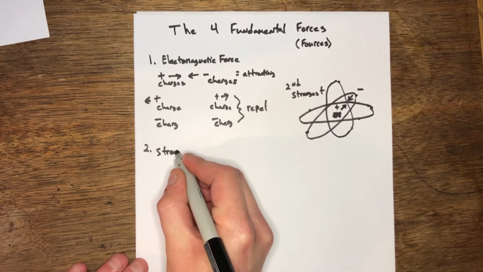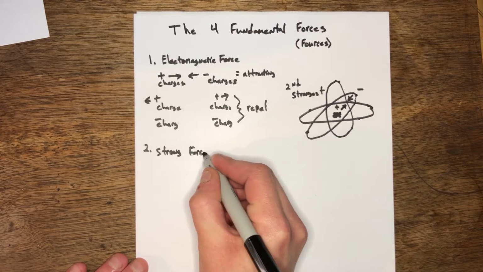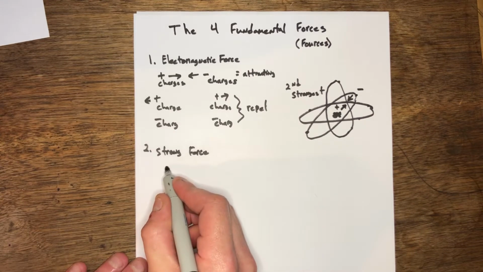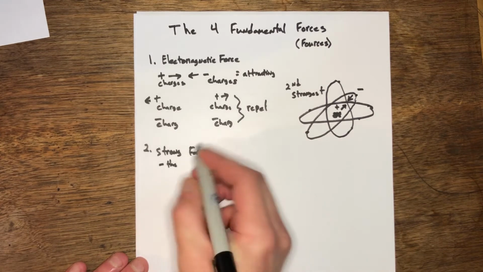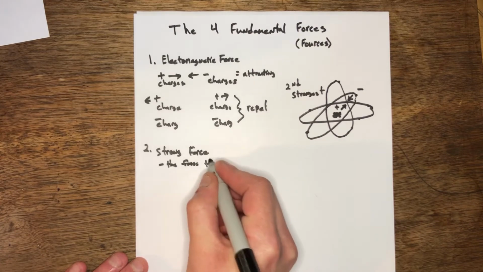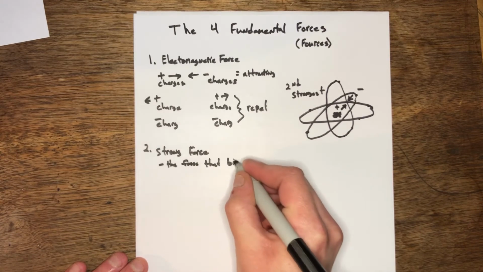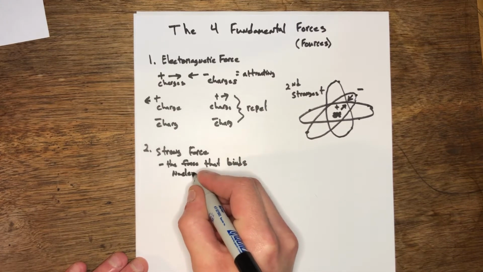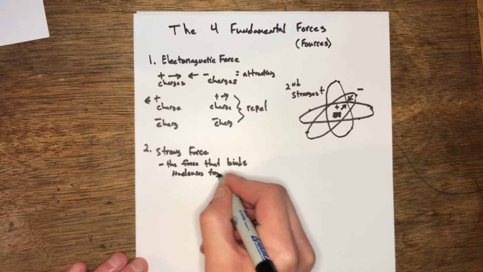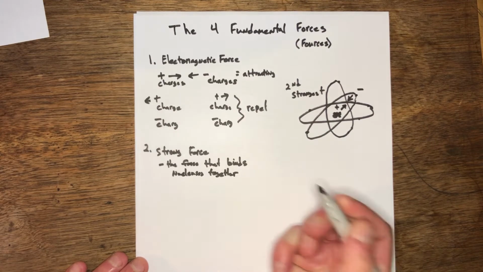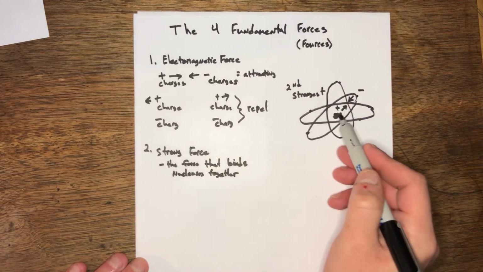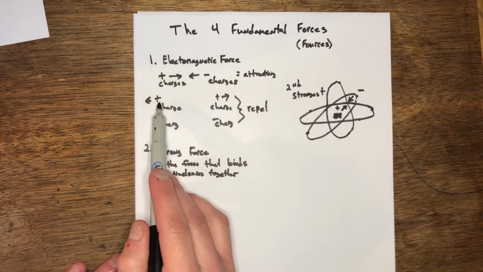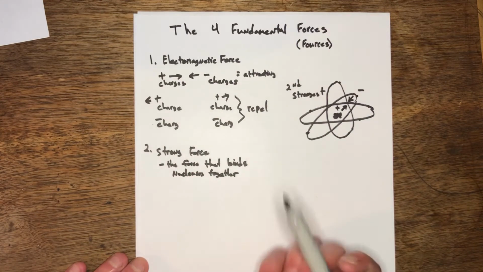The next one is going to be the strong force. That is going to be the force that binds nuclei together, so subatomic particles. We just talked about the electromagnetic force, how same charges repel. Well, think about it.